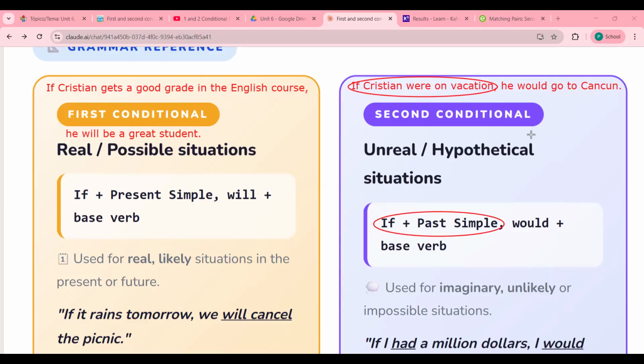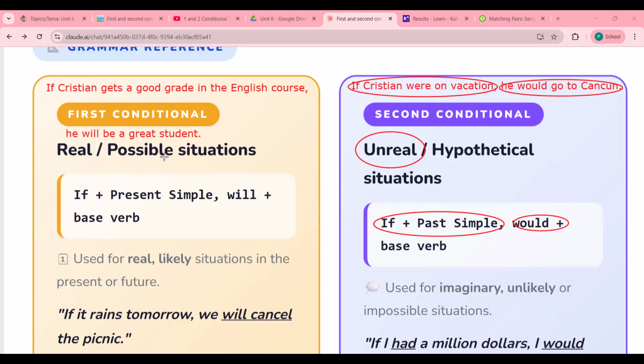The imaginary result, he would go to Cancun, with would plus base form. But this is unreal, impossible, in this moment, right?